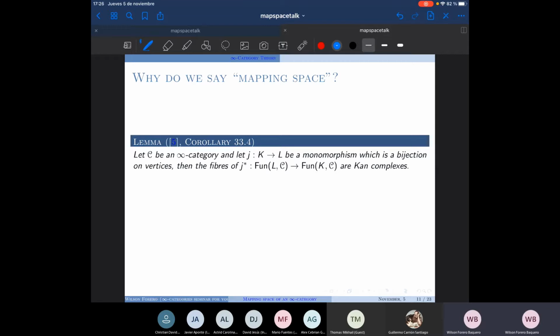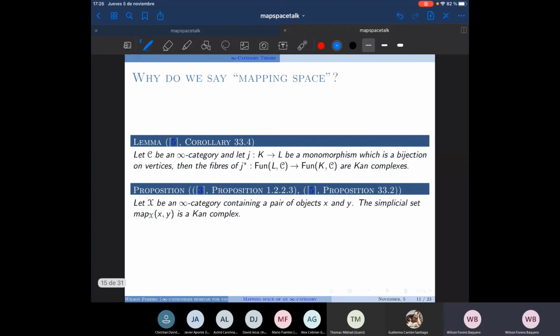And that is the reason we describe this object as a mapping space. Okay, but how can we do that? We have to use the following lemma. Let C be an infinity category and let J be a monomorphism which is a bijection on vertices. Then the fibers are Kan complexes.